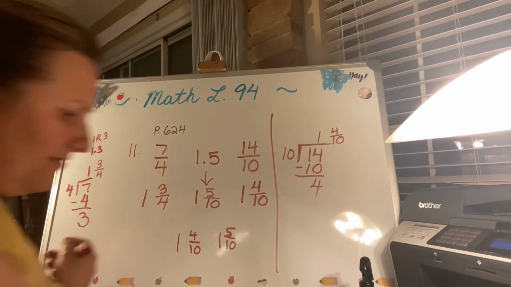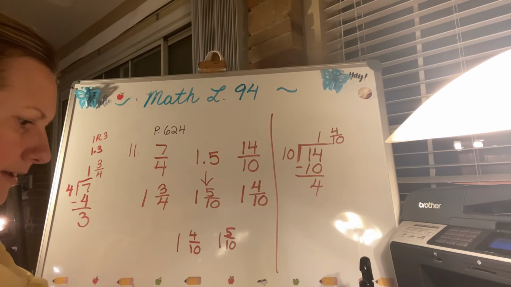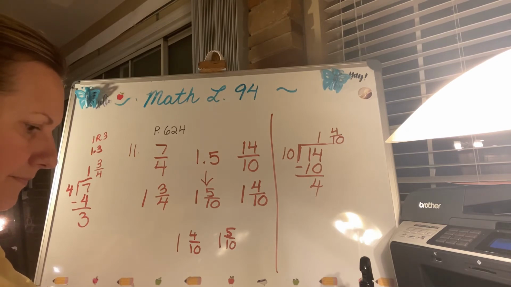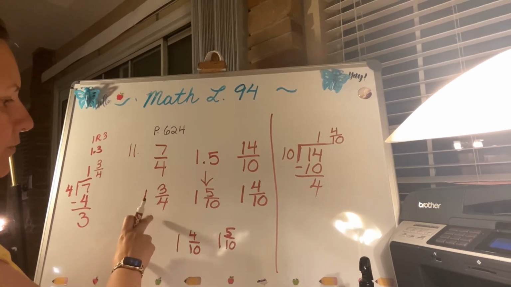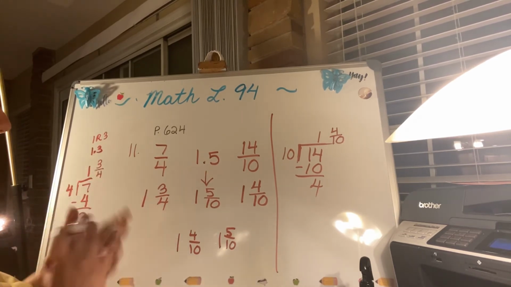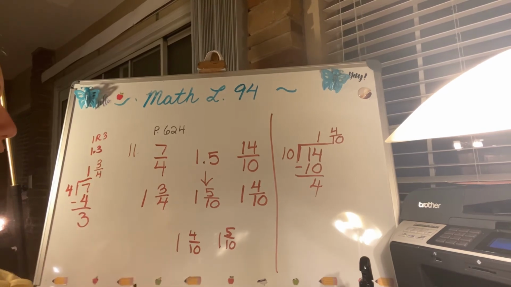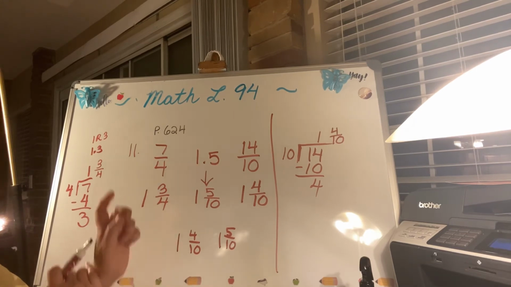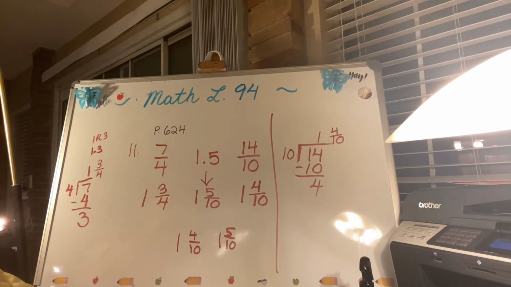Now we need to figure out what to do with this one here. 1 3 out of 4. Would 1 3/4 be smaller than 1 4/10, or perhaps even larger than 1 5/10?